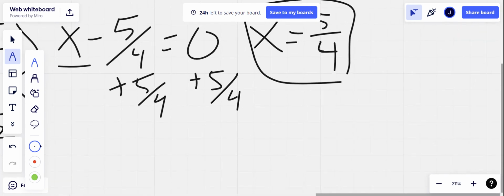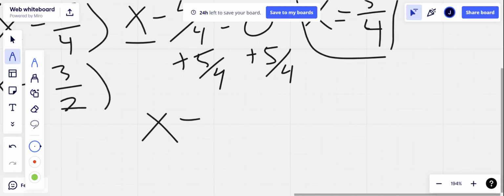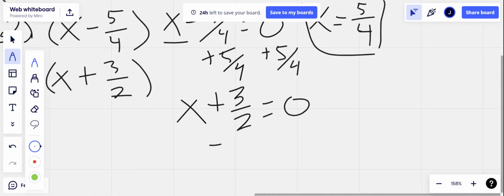All right, next we've got x minus, it was 3 over 2, equals 0. That was a positive. So now I'm going to subtract 3 over 2 from both sides.